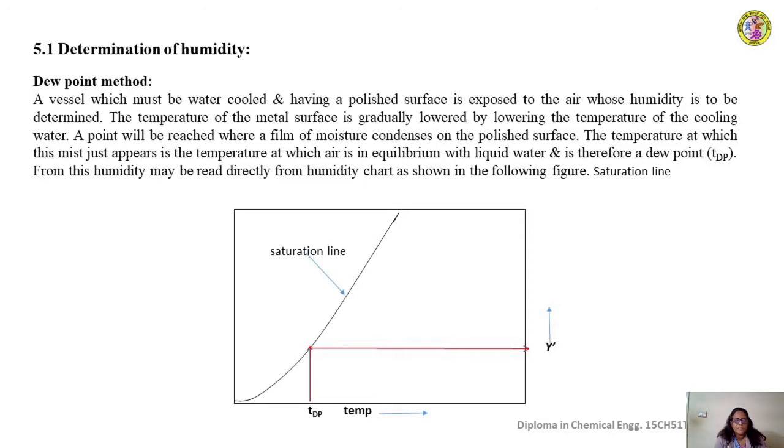As the name itself says, the method involves the determination of the dew point of the given sample of air, using which you can read the humidity from the humidity chart. You all know what is meant by a dew point. A dew point is the temperature at which the given vapor gas mixture, or if you are talking about air, the given air becomes saturated when you cool the sample out of contact with the liquid at a constant total pressure.